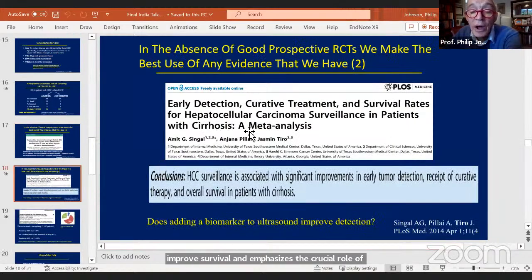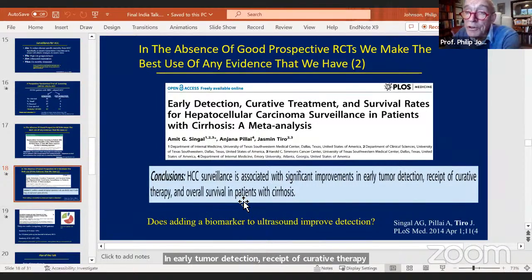Another study looked at early detection and treatment of survival rates on people undergoing surveillance. It's a meta-analysis. And again, the authors conclude that HCC surveillance is associated with significant improvements in early tumor detection, receipt of curative therapy, and overall survival.